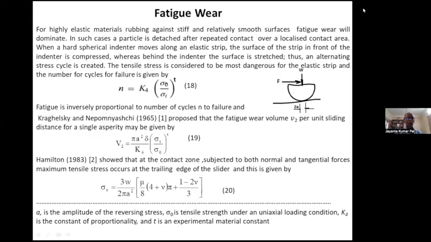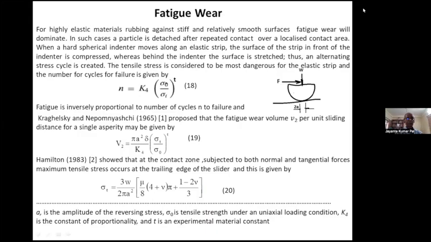And also, we know that the number of cycles for failure may be given by the following equation number 8, which gives N, the number of cycles for failure, is equal to K4 within bracket sigma naught divided by sigma t to the power t, where N is the number of cycles for failure, K4 is the proportionality constant, sigma naught is the tensile strength under uniaxial loading, that means the tensile strength of the material, and sigma t is the amplitude of the reversing stress, and t is the experimental constant.